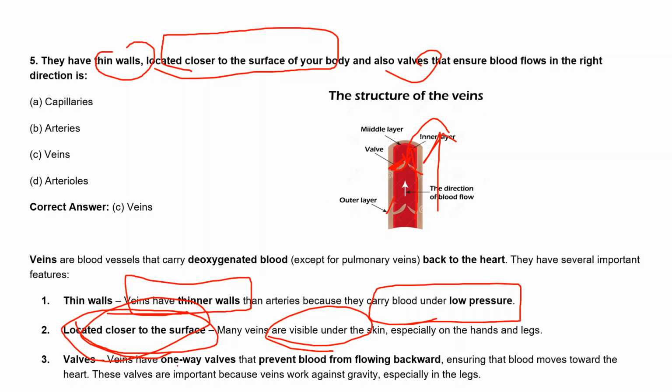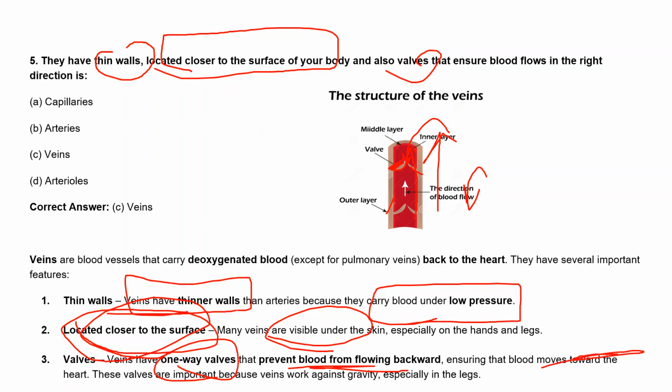So these veins have one way valves that prevent the blood from flowing backwards, which ensures that the blood moves towards the heart.